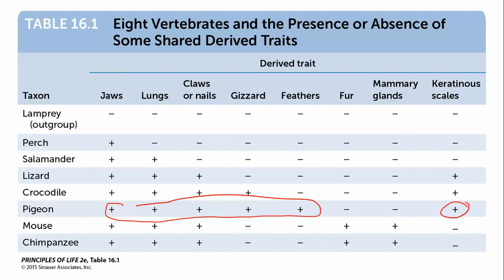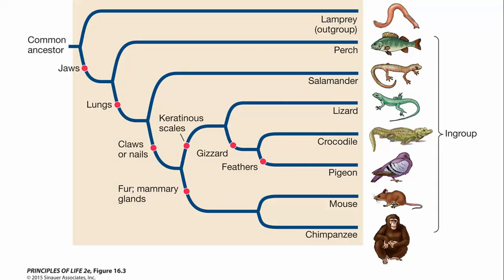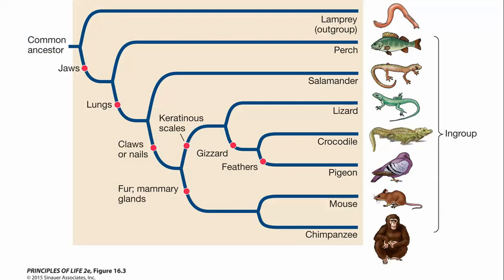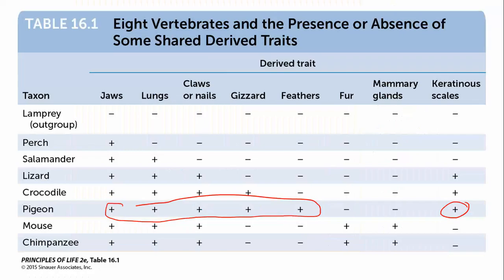So you can look at these traits and you can actually use them to try to create a phylogenetic tree, or in this case a cladogram, since we don't have any time or degree of divergence data. So what you can see is, okay, the lamprey was always the outgroup because it doesn't have any of these traits. You can also see something interesting with keratinous scales.